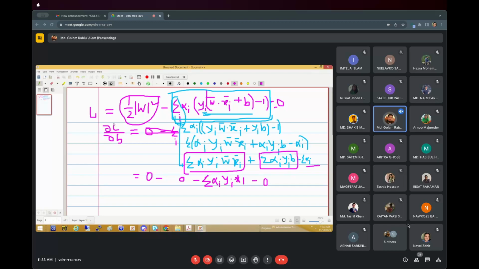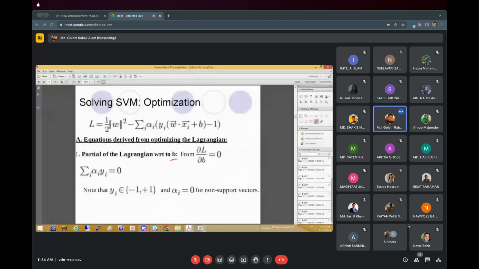So dL by db, that means the derivative of L with respect to b, delta b, we will get this. And we have to set this equal to 0. So it means that we will get the summation of alpha I yi equal just 0. Okay, so this is the equation we will get if we take the derivative of L with respect to b. Here it is alpha I yi equals 0.